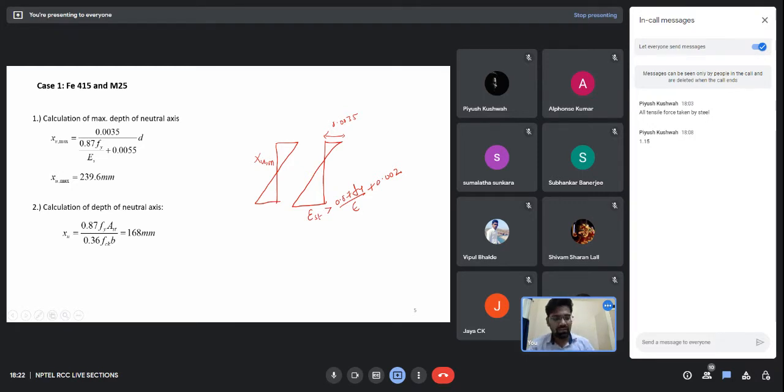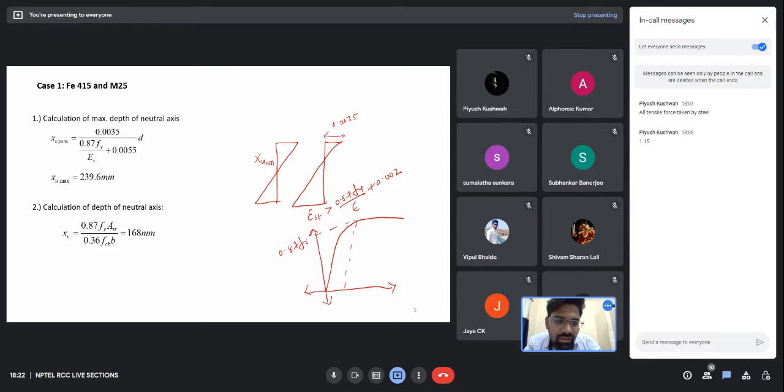And one more thing, this is very important. See, pay attention. In the last class I have shown you the stress strain profile of steel. So it was something like this. This is the stress strain profile of steel. What I have told you, for this value, sorry for the bad diagram, but please manage.